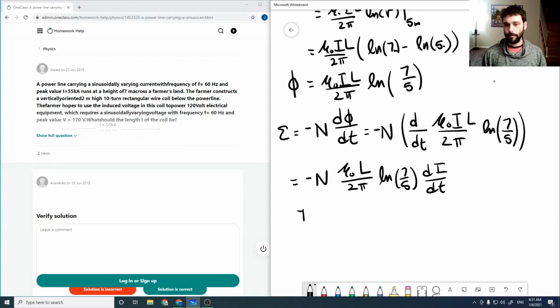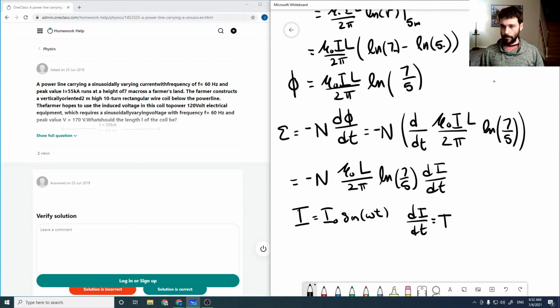So our I is I naught sine omega t. So dI by dt: I naught is not going to be time varying. So it's just the sine omega t, and so that's going to give us an omega out front and a cos omega t.